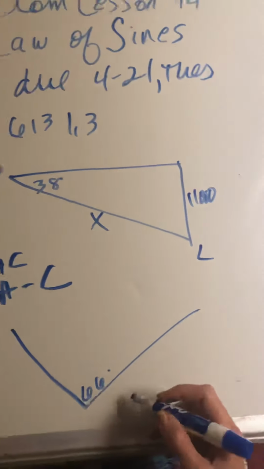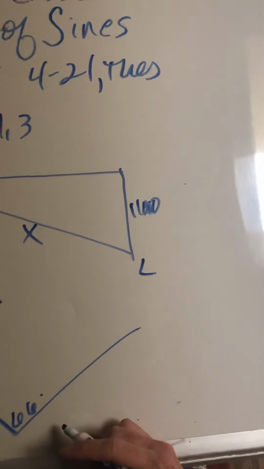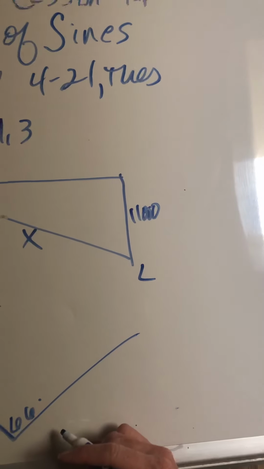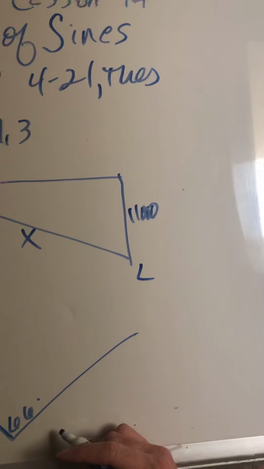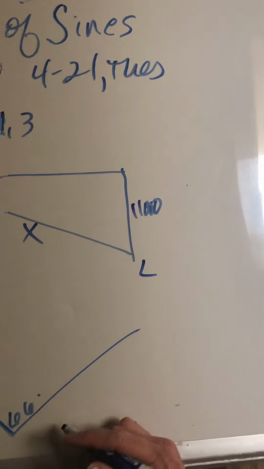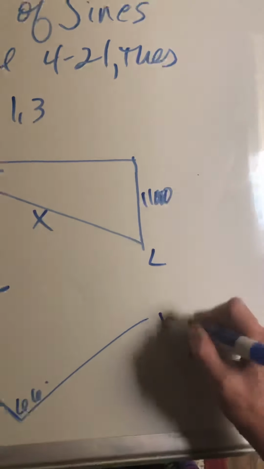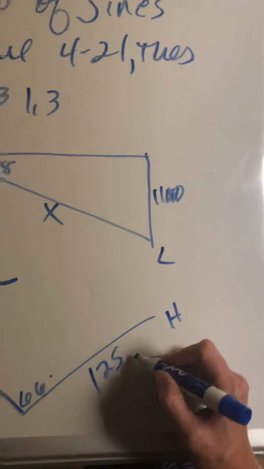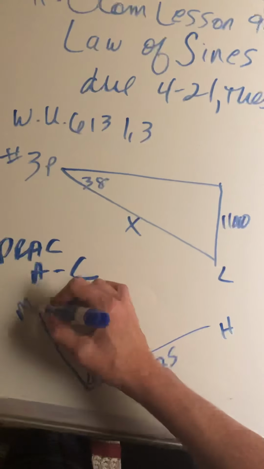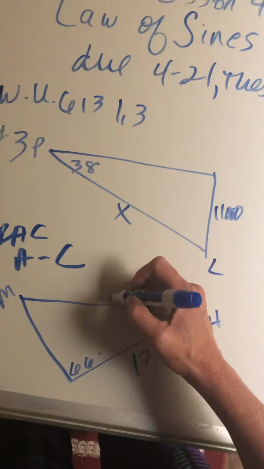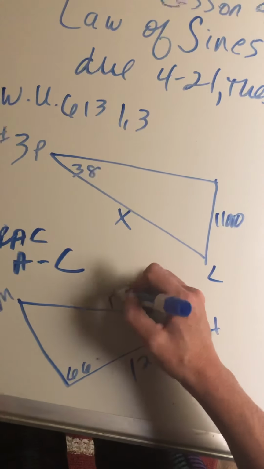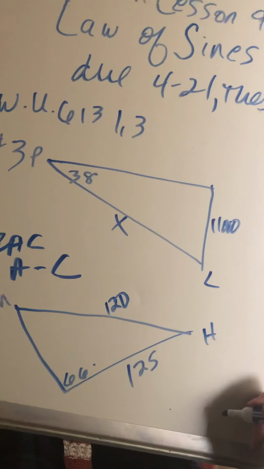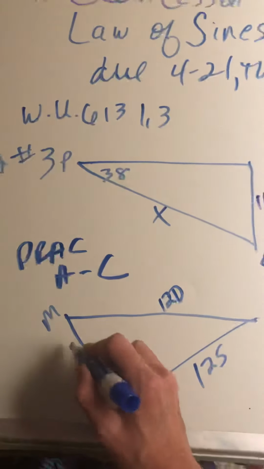When they stop, Hector is 125 feet away from the starting point, and he is 120 feet away from Marissa. So here's Marissa, here's Hector. Hector is 125 feet from the starting point, and from Marissa, he is 120 feet. How far did Marissa walk? So you want this distance.